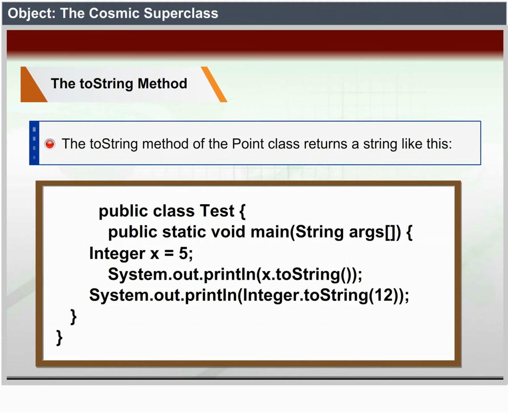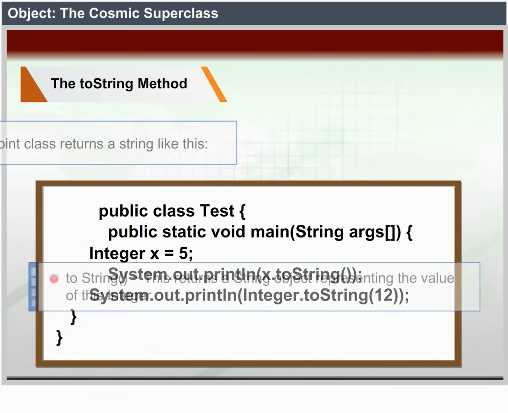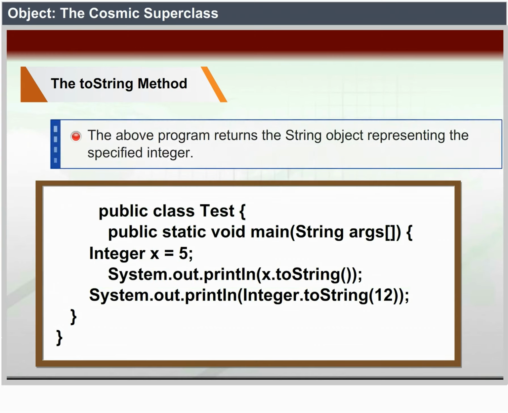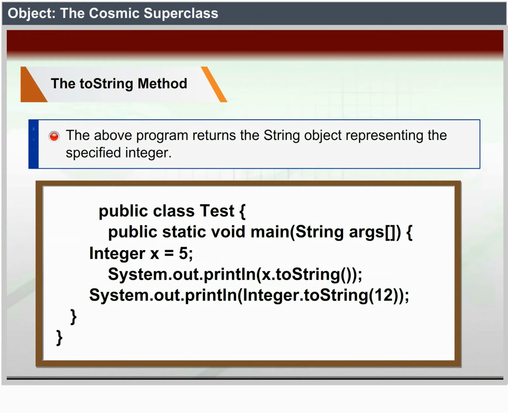The toString method of the Point class returns a string like this. public class Test { public static void main(String[] args) { Integer x = 5; System.out.println(x.toString()); System.out.println(Integer.toString(12)); } } The toString method returns a String object representing the value of this Integer. The above program returns a string object which represents the specified integer.